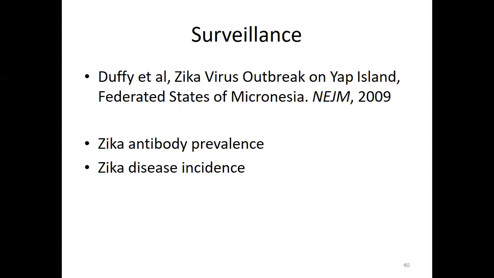So one example is this paper on the Zika outbreak on the island of Yap. This was several years prior to the outbreak in the U.S. and in the Americas. But they were looking at antibody prevalence and then disease incidence.